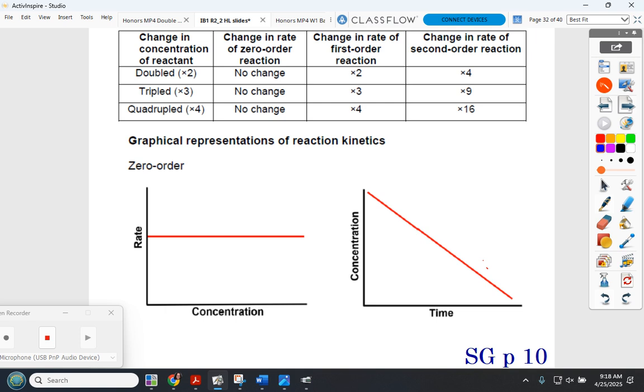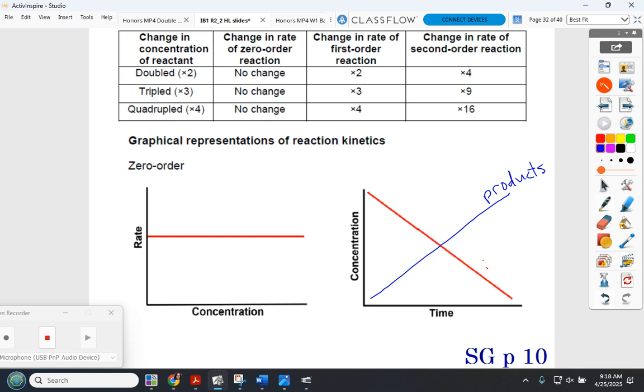So if you're measuring product rather than reactant with whatever technique you used to study your reaction, then it might be like this. Either way, the rate is constant. If the rate is constant no matter what the concentration is, then the rate versus concentration graph is going to be a flat line. And that means that the concentration doesn't matter.